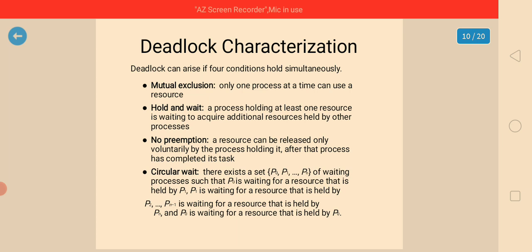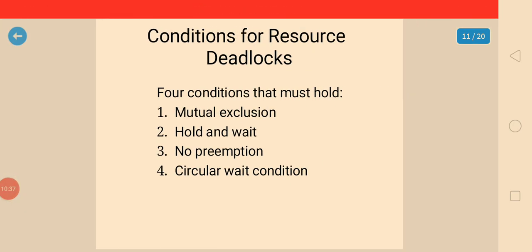So this is the circular wait. For deadlock, these four conditions must hold: mutual exclusion, hold and wait, no preemption, and circular wait.